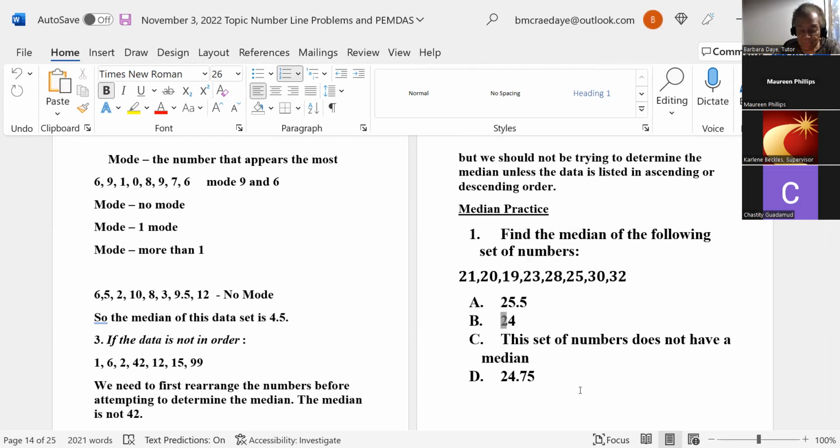Which one would be the median? You want to put those in order first, right? That's your first step. Put them in order, increasing or decreasing.